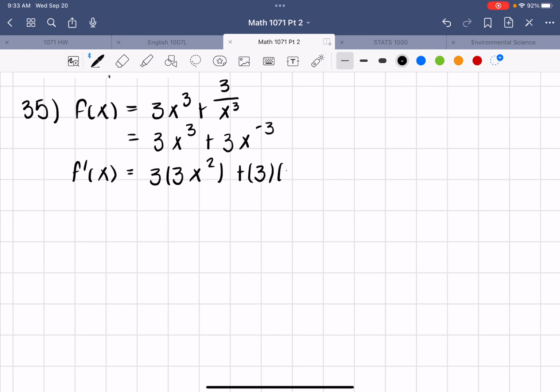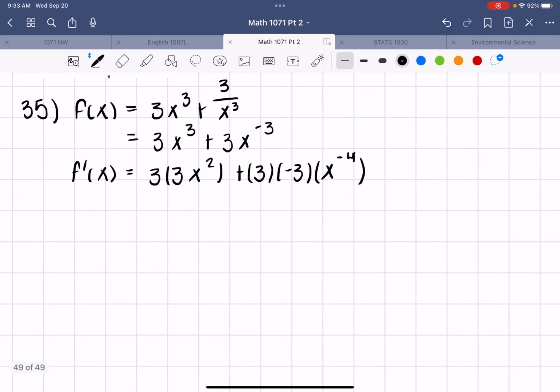If you do negative 3 subtract 1, that's negative 4. People sometimes put negative 2 there because they forget about negative numbers. Negative 3 minus 1 is negative 4. So this is 9x squared minus 9x to the negative 4.